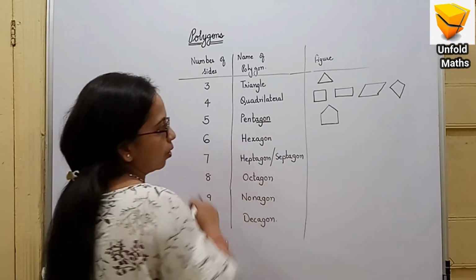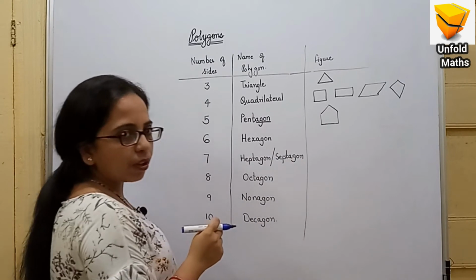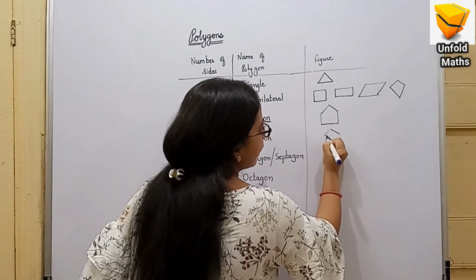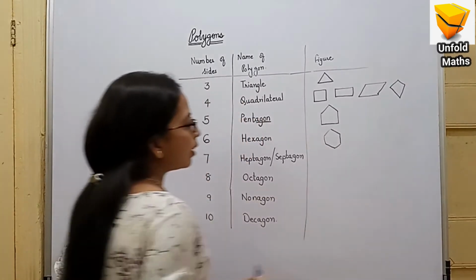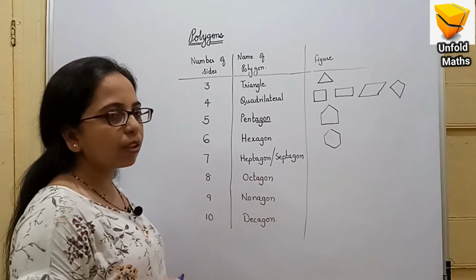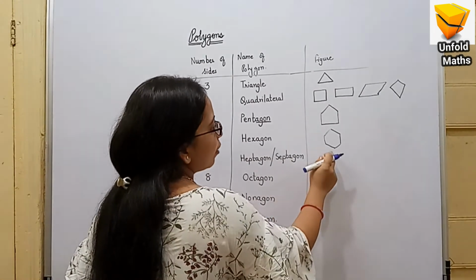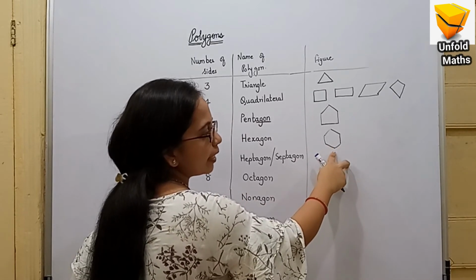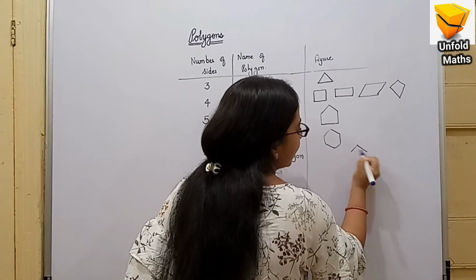Now hexagon. If we remove one side of a pentagon and make two sides instead of that, we will get a hexagon. Next is a heptagon with seven sides. So friends, if we insert a side between these two sides or any, we will get a heptagon.